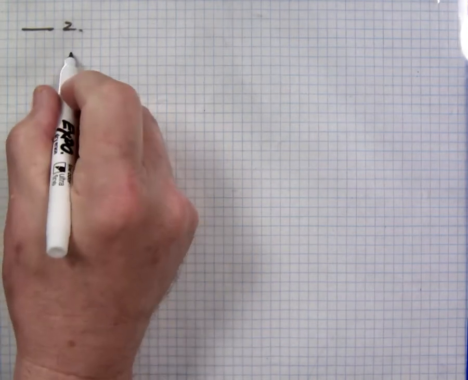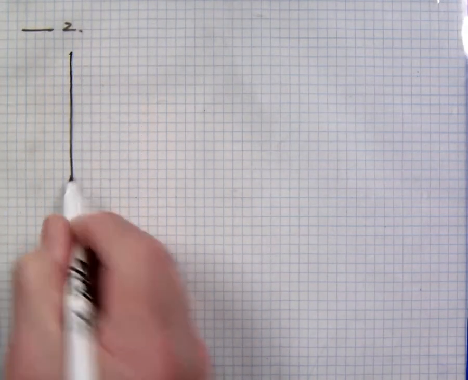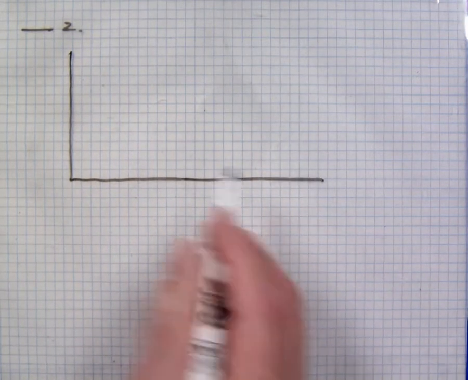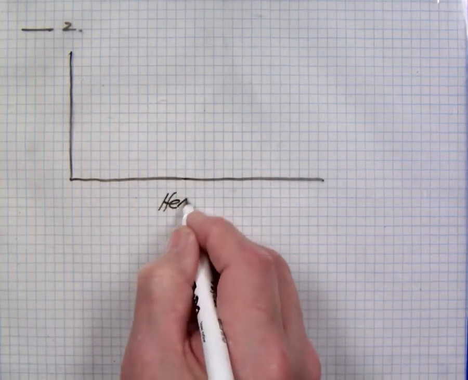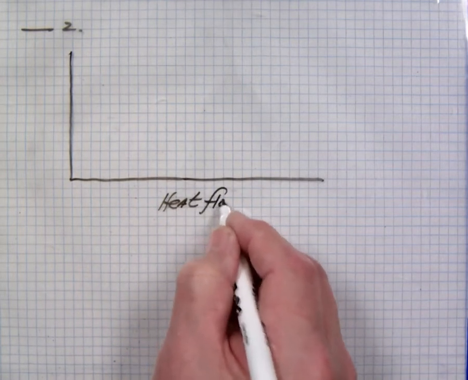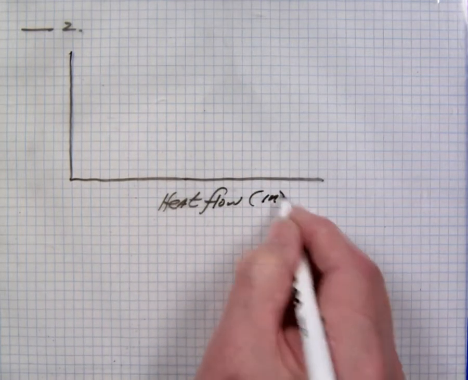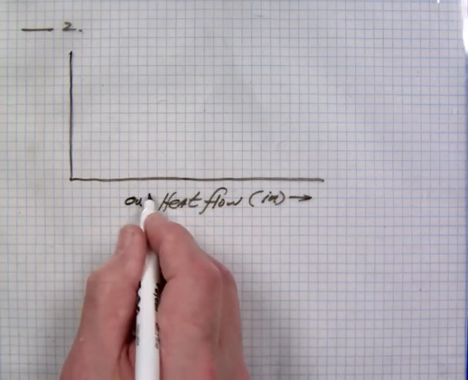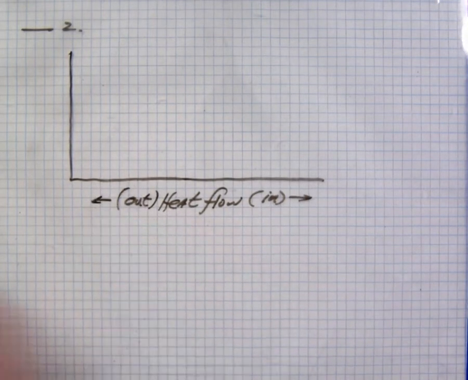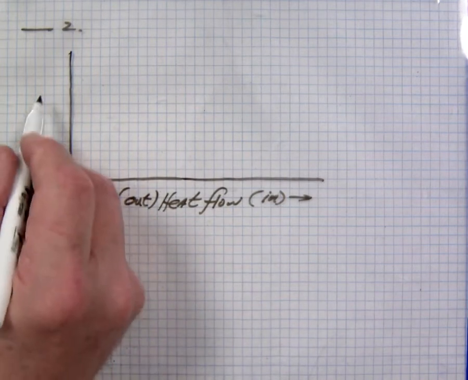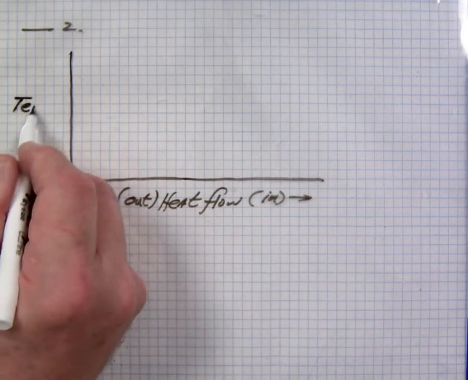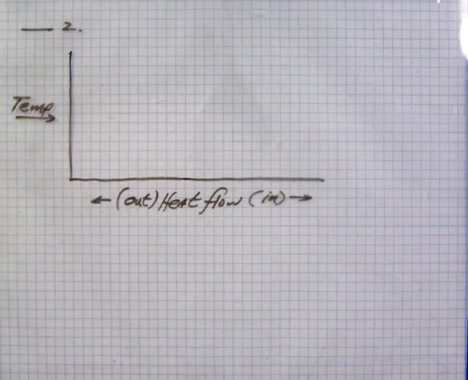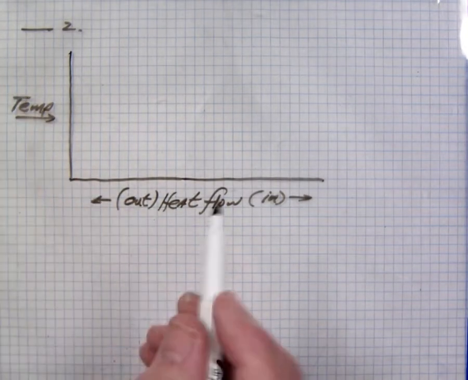When you have the heating curve, you recall we have heat flow in, endothermic, or out, exothermic on that axis, and this would be your temperature here, whatever temperature device you're using, and we usually use degrees Celsius.